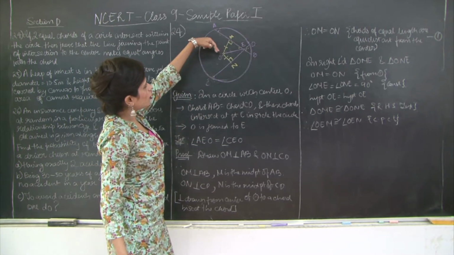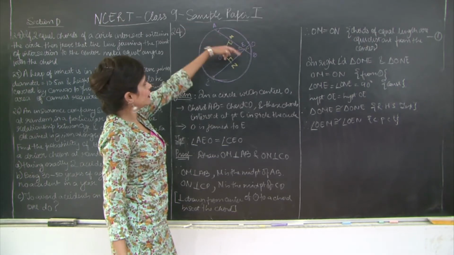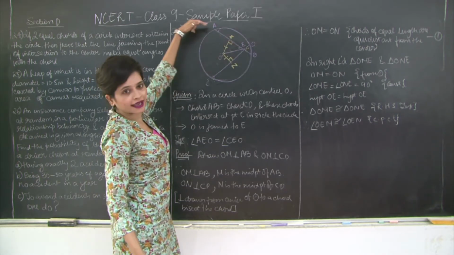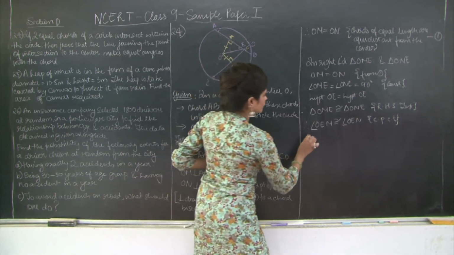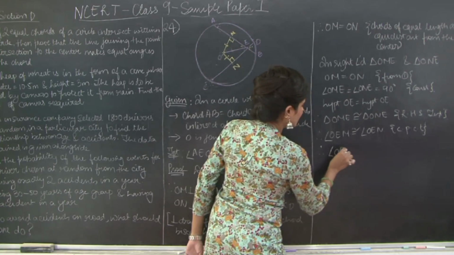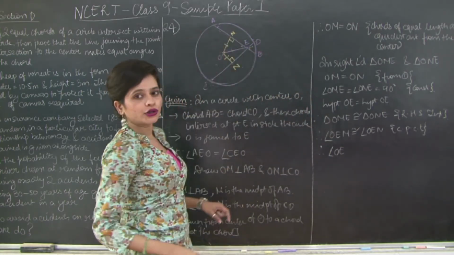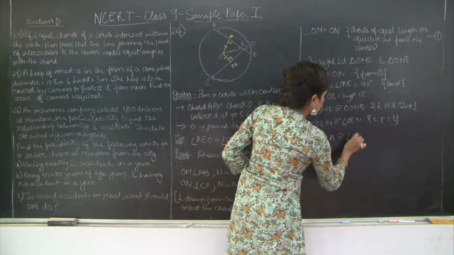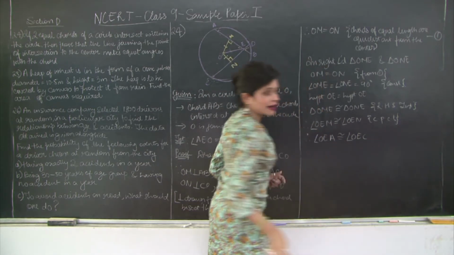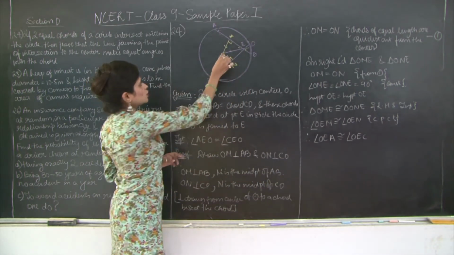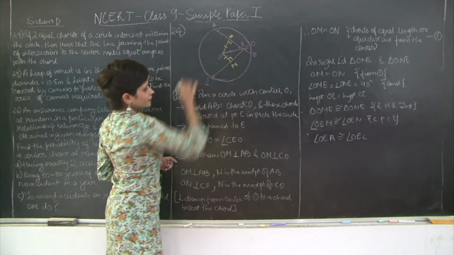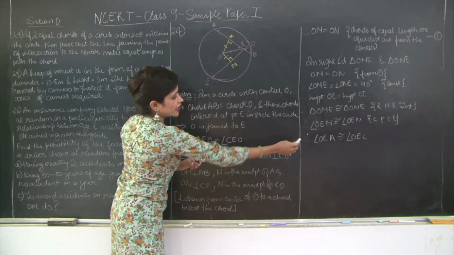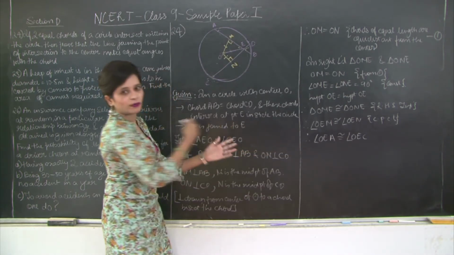So instead of OEM, I can take OEA, right? So therefore, angle OEA, instead of M I'm going to take A, is congruent to angle OEC. Why? Because these are the angles that we need to prove congruent, right?